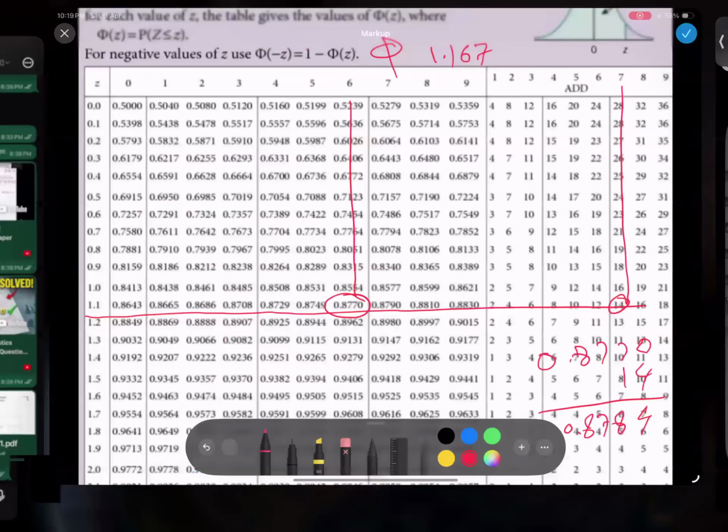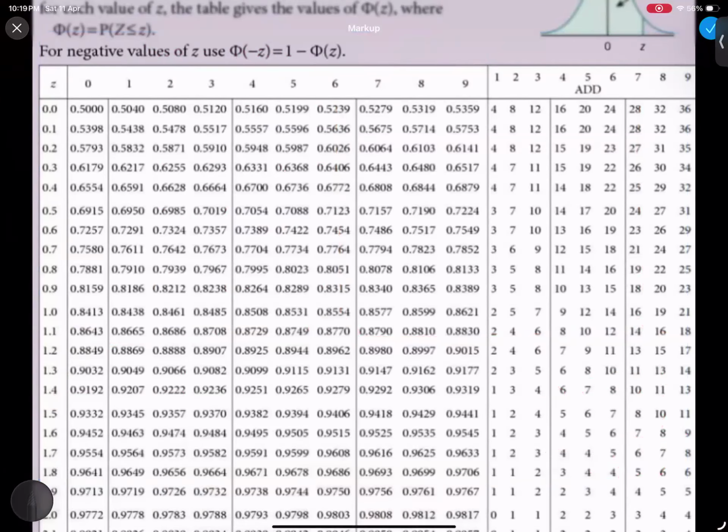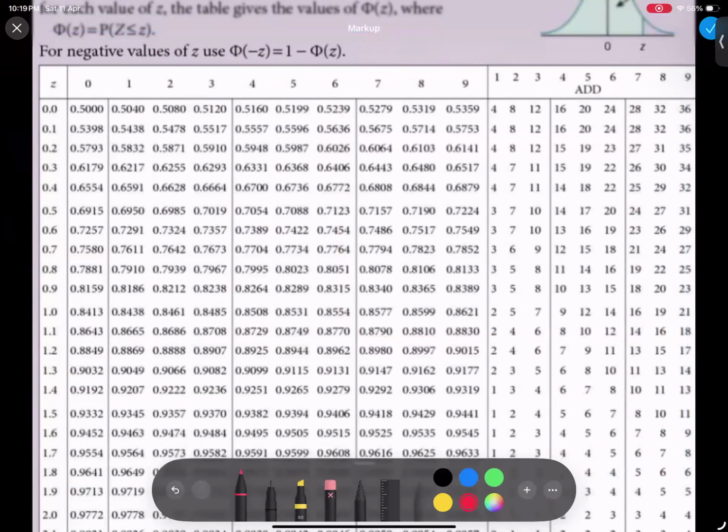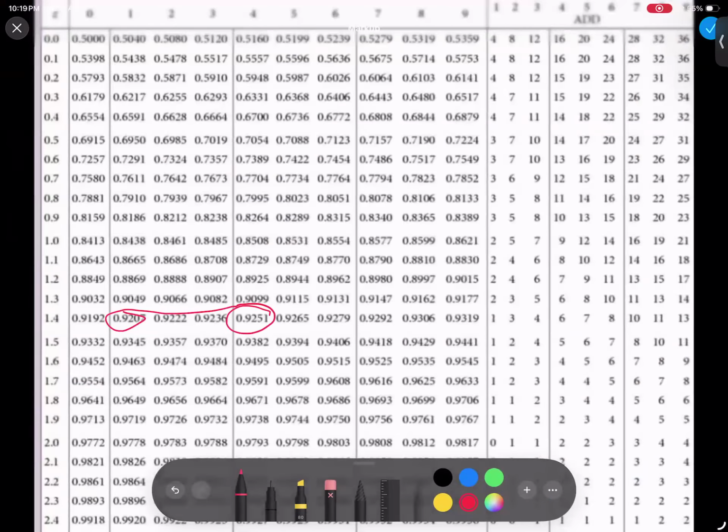So 0.92 is basically, check it, 0.9192. If I add 8 to this number, I get 0.92.